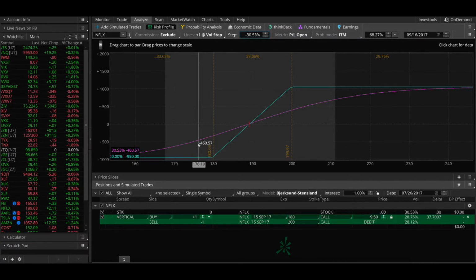Now on the other hand, if the stock price goes to any price above 200, which is the short call strike price, then we're expected to have a profit of around $1,047.15. That's pretty much the maximum profit potential of this trade. So clearly, if the stock price moves in favor of your spread, which in this case would be an increase to a price equal to or above $200, a decrease in implied volatility will greatly help the profitability of this spread.